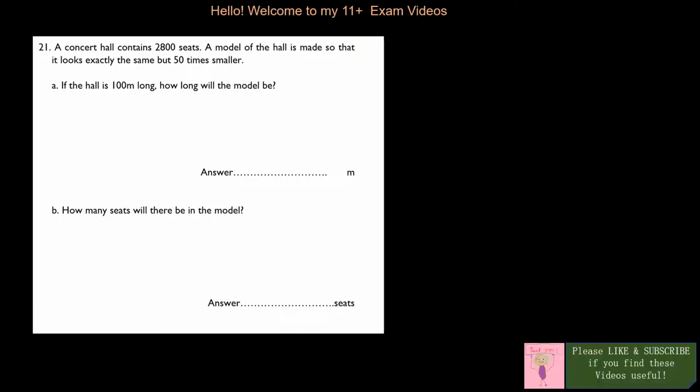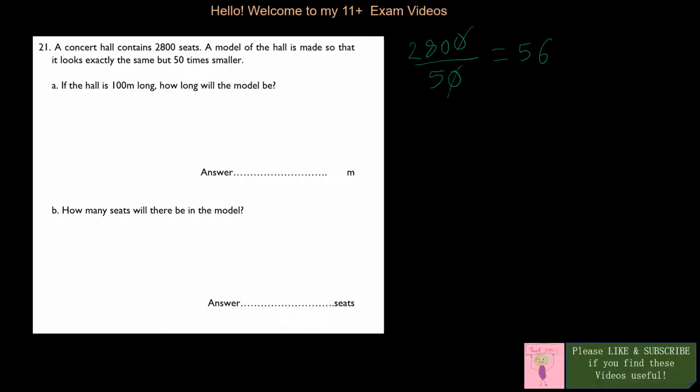Okay, so I'm going to do it this way. We have 2,800 seats in the hall and the model is 50 times smaller. So I am going to take 2,800 and divide it by 50. What I get is 5 times 5 is 25, and then I have 3, so it's 30, that's 56.